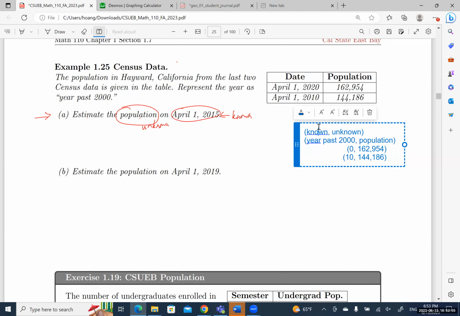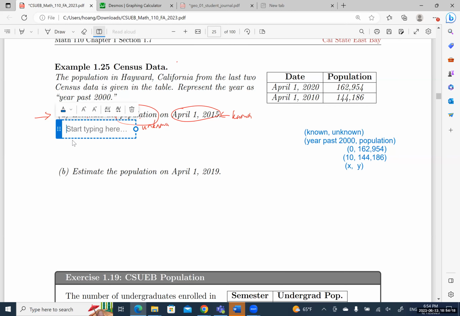So let's say Y stands for population and X stands for the number of years since 2000. I'm going to go ahead and find the slope.